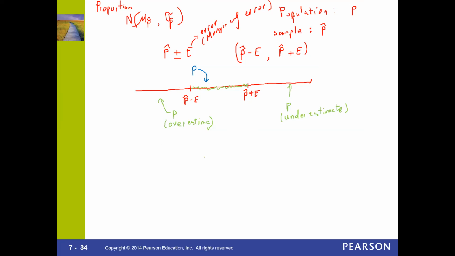Another way to write it down, I can say with some level of confidence, you're going to have p hat.